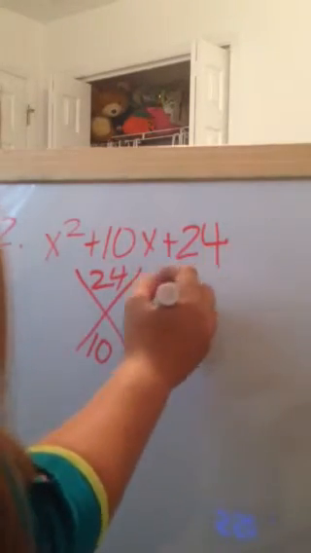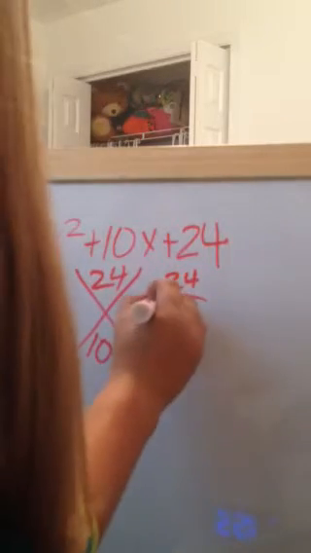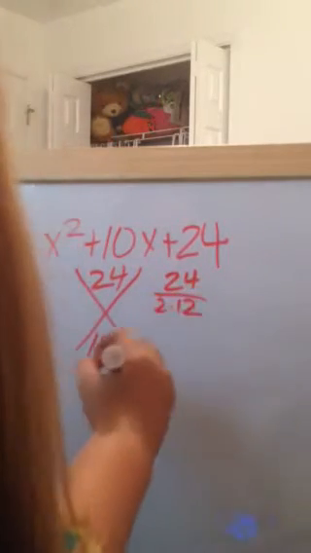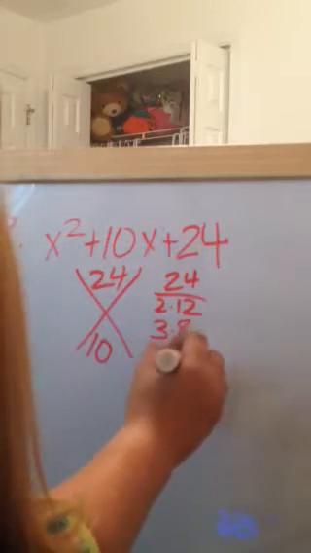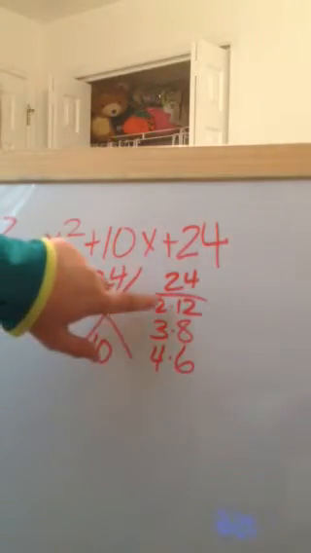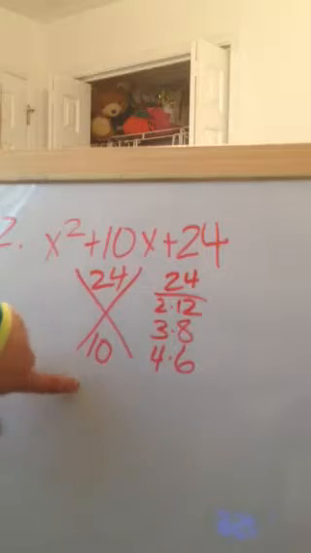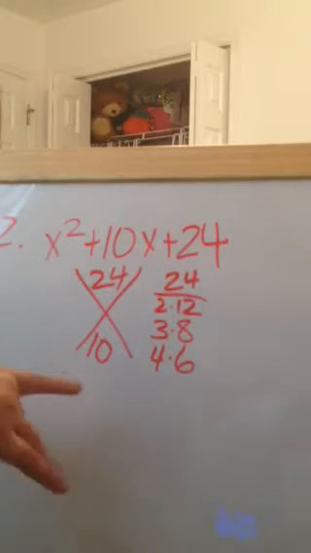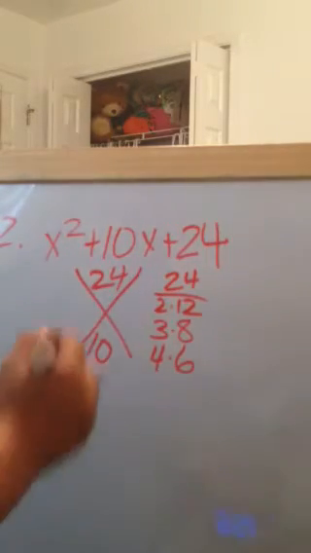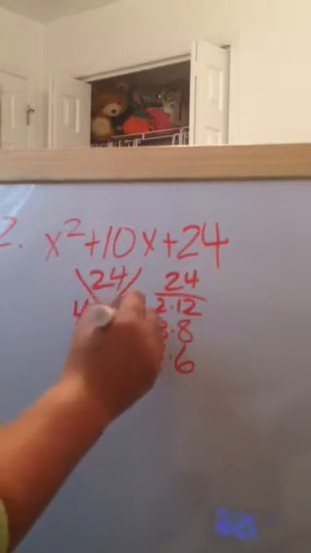So what are my factors of 24? I have 2 and 12. I have 3 and 8. I have 4 and 6. 2 and 12 is going to give me a 14. 3 and 8 is going to give me a positive 11. And 4 and 6 will give me a positive 10. So that works perfectly.